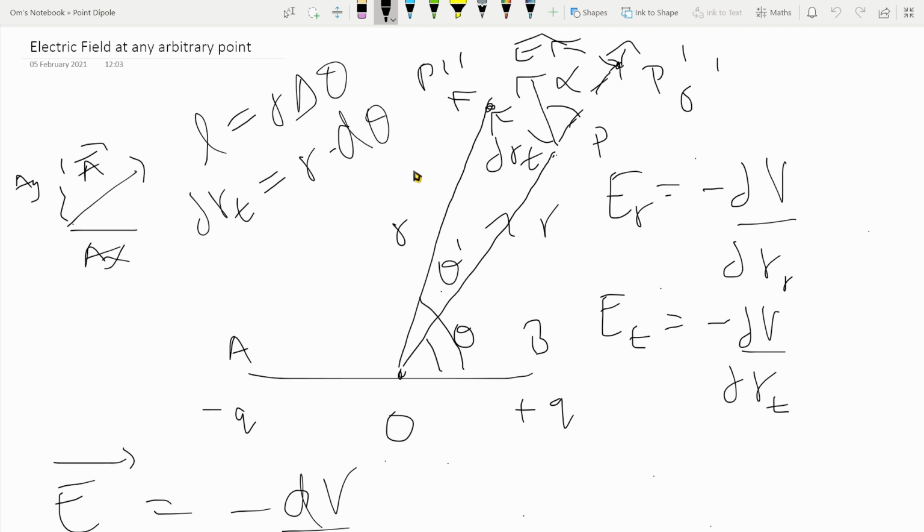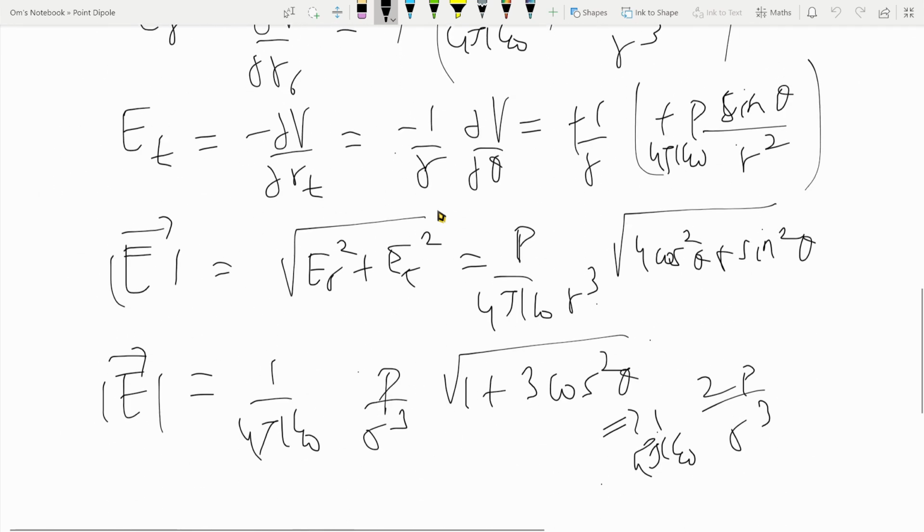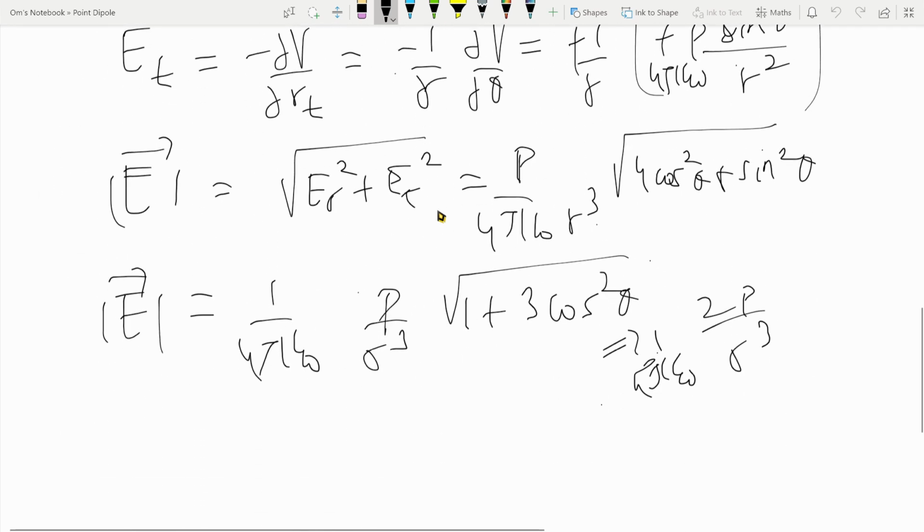So clearly, tan alpha over here would be equal to E_t by E_r. So keeping this in mind, essentially the angle that the electric field vector makes with the radial direction is given by tan alpha equal to E_t by E_r. And so if we find this ratio, we will find tan alpha, and then with alpha we'll basically get the direction of the electric field.